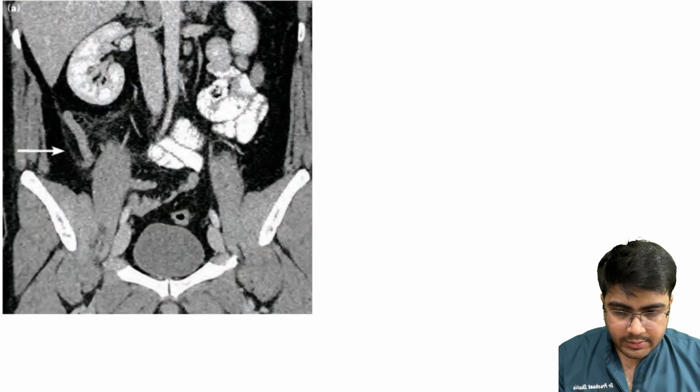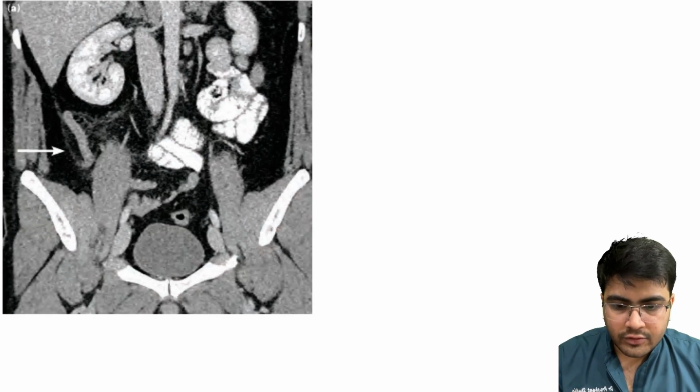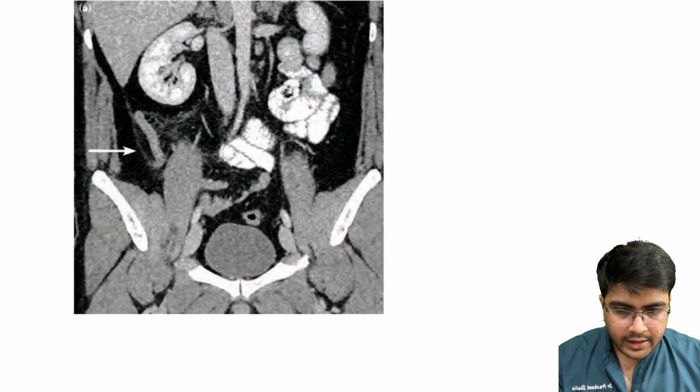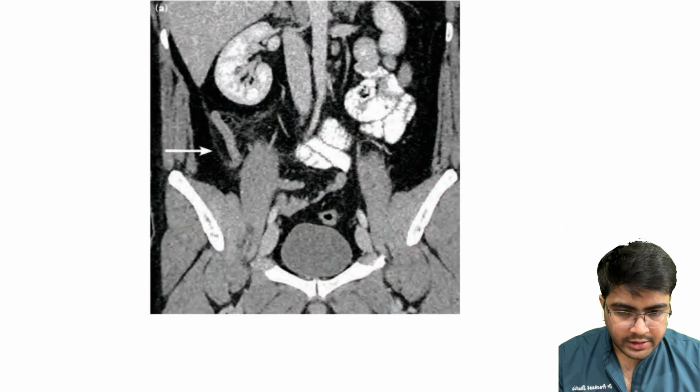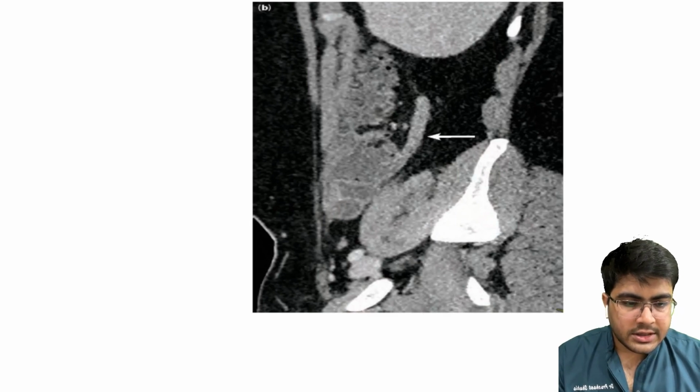So this is an image in which you can see a tubular structure in the right iliac fossa, and it is inflamed with adjoining tissue edema. We can clearly see this tubular structure is not associated with any lump formation or collection adjoining it.